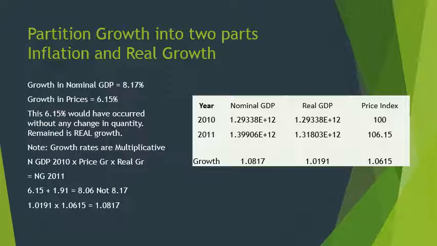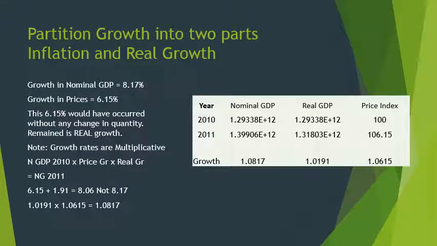The price index has been calculated separately, and that goes from 100 to 106.15, which means that you have a 6.15% increase in the prices. So the remaining portion, if you have 8.17%, 6.15 is due to price, then the remaining portion is due to the increase in quantity, and that's called the real GDP.